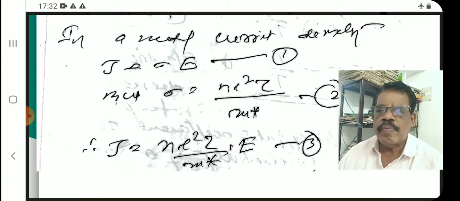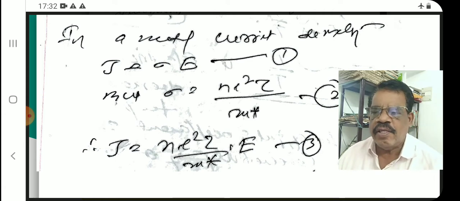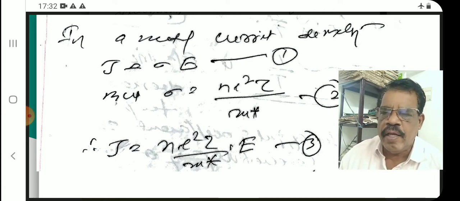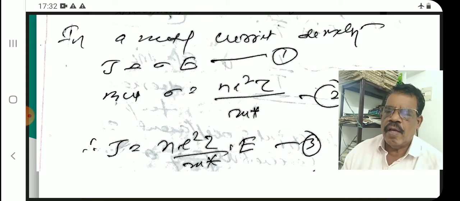So put this sigma in the above equation number 1, we get J is equal to n e square tau by m star into E, and this is an expression for current density.